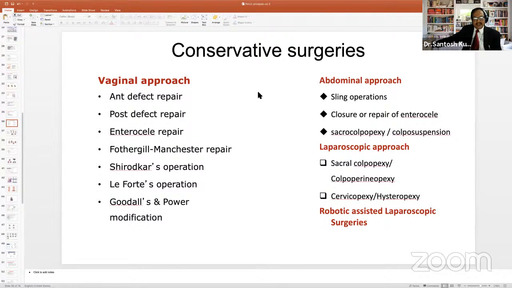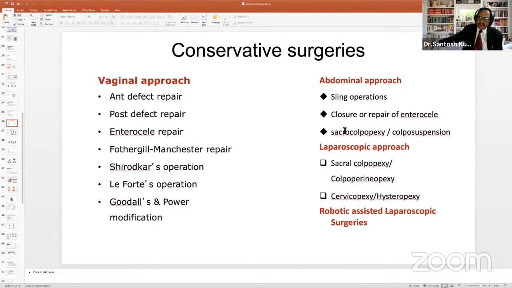Various surgical options are there. Anterior defect repair, posterior defect repair, enterocele repair, Fothergill Manchester repair, and Le Fort operation. Abdominal operation is mostly sling surgery, colporrhaphy and repair of enterocele, sacrocolpopexy, fixing the uterus to the sacrum.